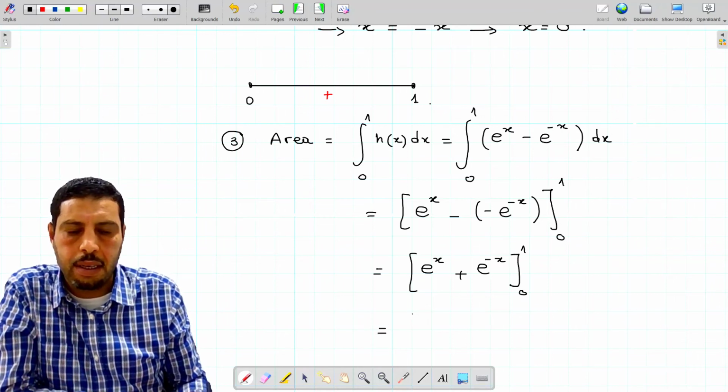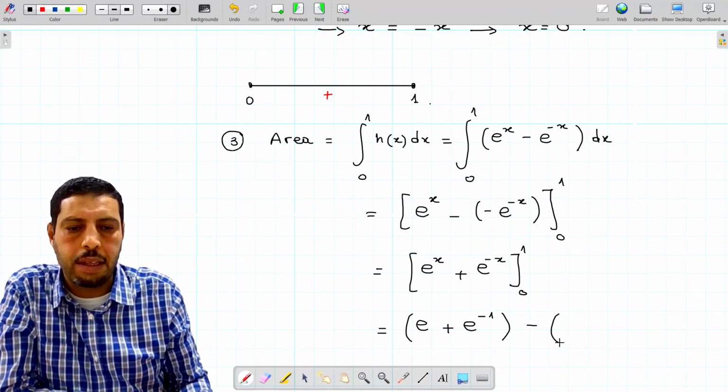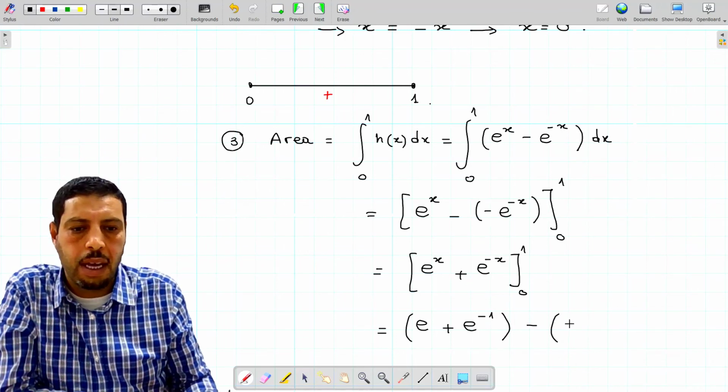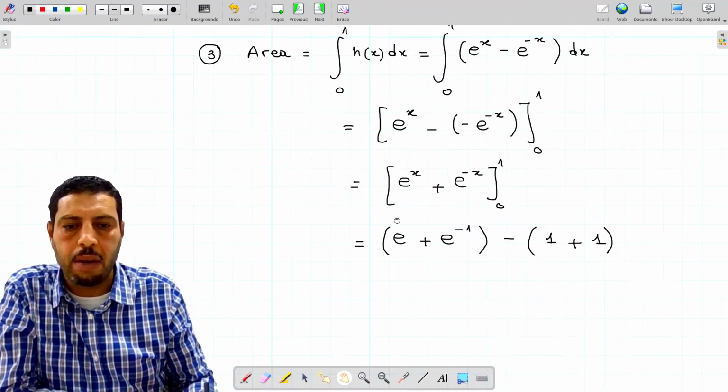At 1 it gives e to the power of 1 plus e to the power of minus 1, minus the same function at 0, which gives exponential 0, which is 1, plus exponential minus 0, or exponential 0 again, which is 1.